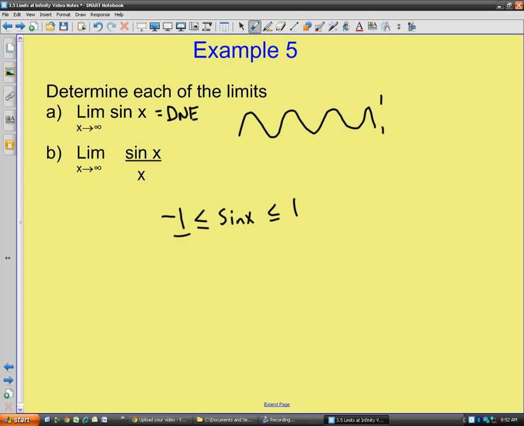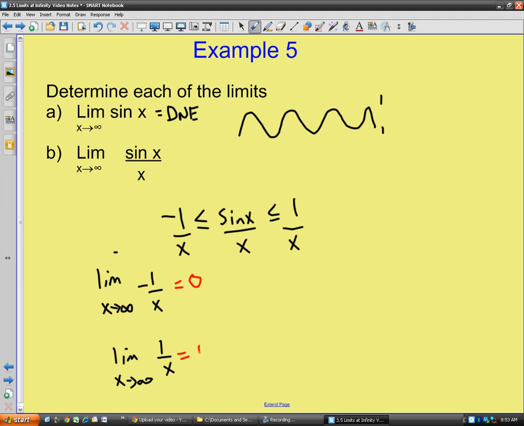And so if I'm doing my limit for each one of these guys, my limit as x goes to infinity for negative 1 over x, and my limit as x goes to infinity for 1 over x, you're going to get 0 for these guys, because that's what we've been doing in the previous ones.